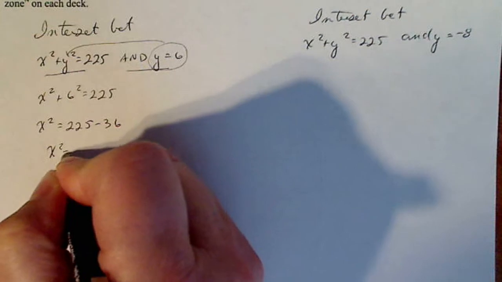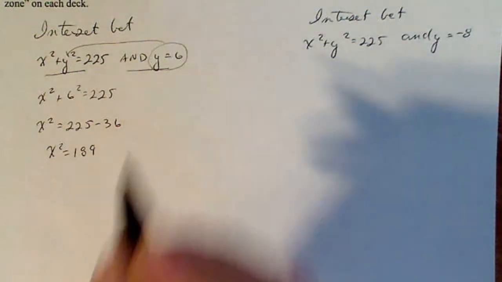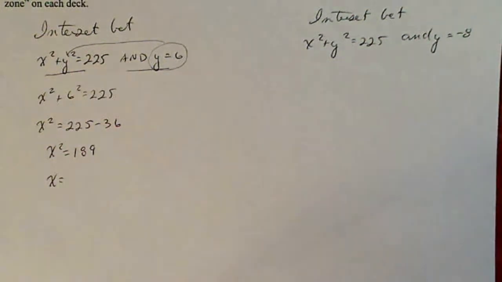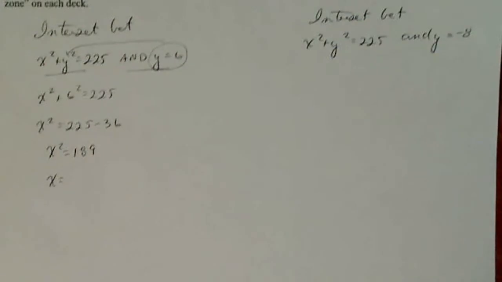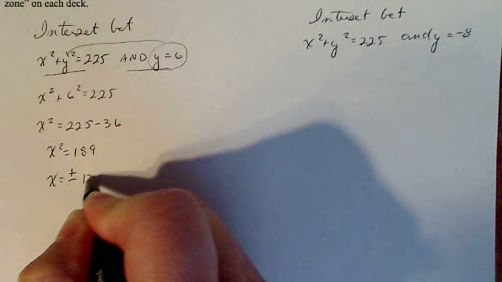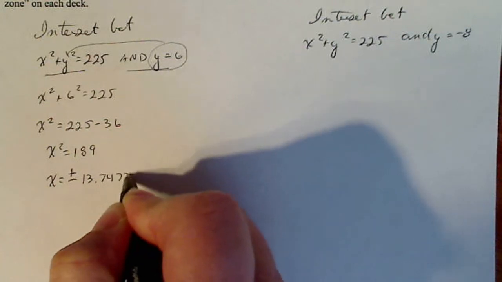So x squared equals 189, and x is equal to the square root of 189, which gives me 13.7477. I'm just going to estimate it for right now: plus or minus 13.7477.